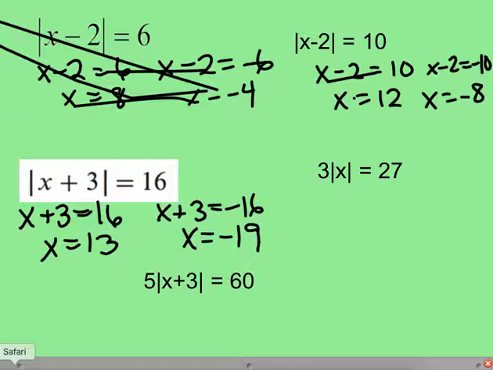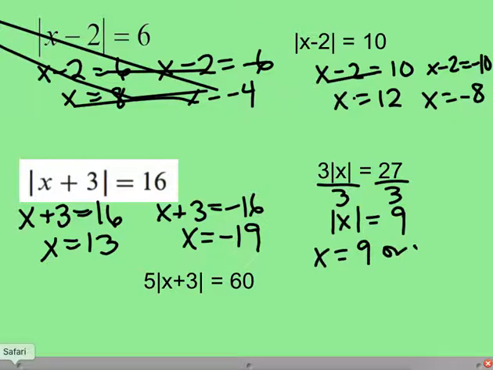But what happens if instead of adding something inside of the absolute value signs, we're multiplying outside? Well, I need to get my absolute value by itself before I can split it into two equations. So I need to divide by 3. I'm not going to expand. I'm going to get my absolute value alone so that the absolute value of x is equal to 9, so x must be 9, or x is negative 9.